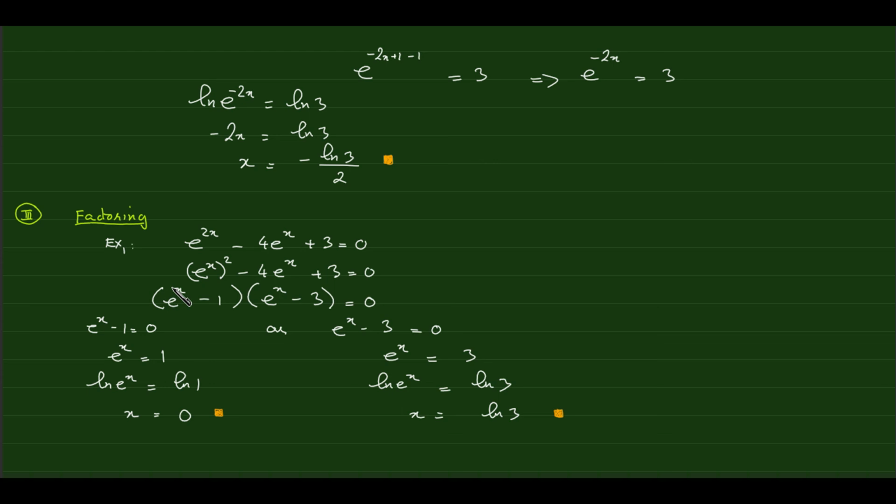So factoring, you have to recognize the quadratic. That's what you do. If you cannot recognize the quadratic, then you cannot factor. Of course, sometimes you can factor by GCF.